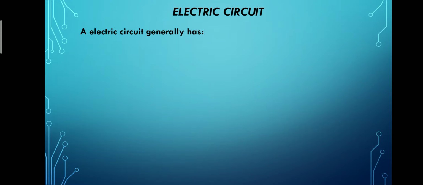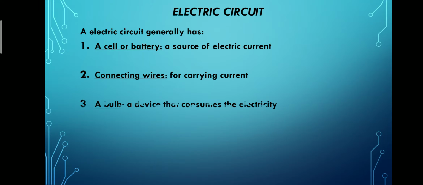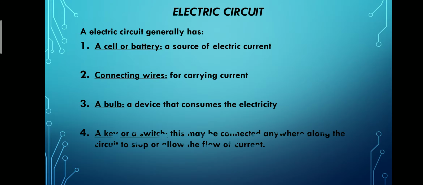Next, what are the basic things which are present in an electric circuit? First one is a cell or a battery, which is the source of electric current. Next are the connecting wires, which help to carry the current. Next is a bulb, or it can be any device which consumes electricity.